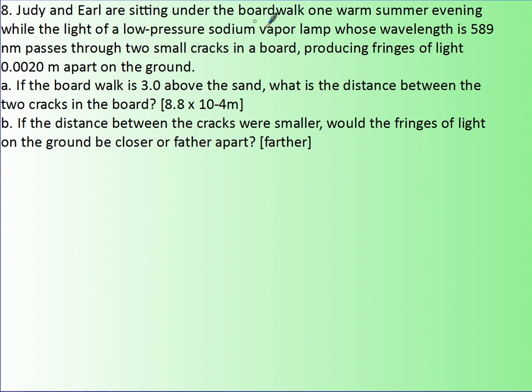Judy and Earl are sitting under a boardwalk one warm summer evening while the light of a low-pressure sodium vapor lamp, whose wavelength is 589 nanometers, so lambda is 589 times 10 to the negative 9 meters, passes through two cracks in a board, producing fringes of light that are 0.002 meters apart.